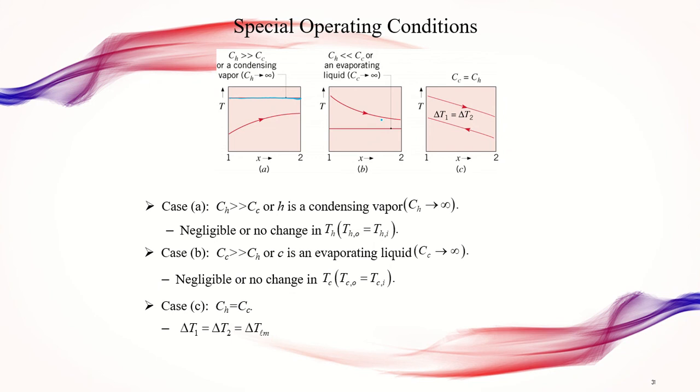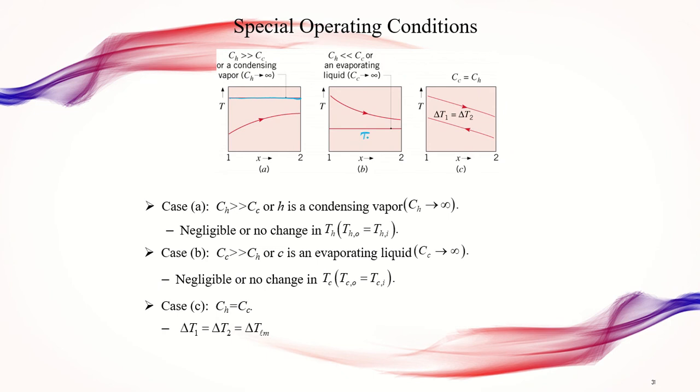And the second case is where we see that for the cold side, the temperature does not change, and this is due to the fact that the cold side is evaporating, and CC, the heat capacity C, is approaching infinity due to the fact there is no change in TC.